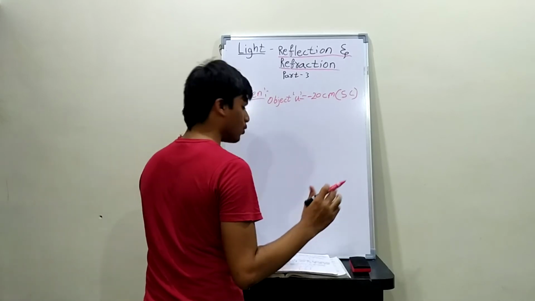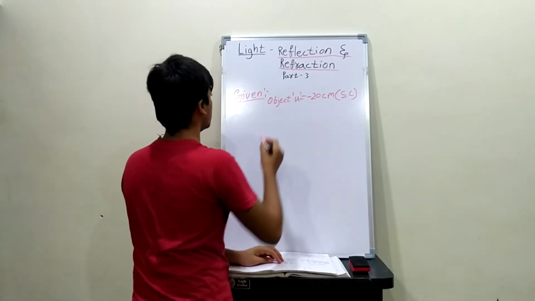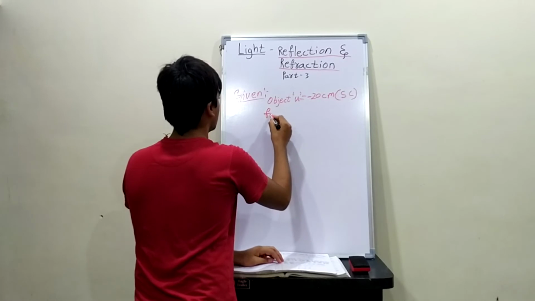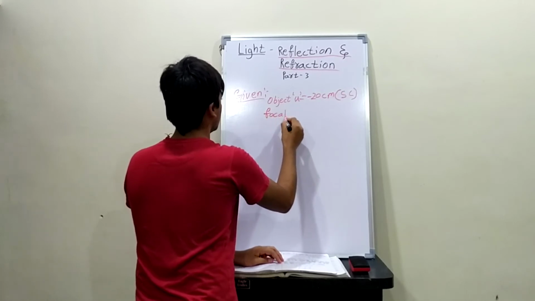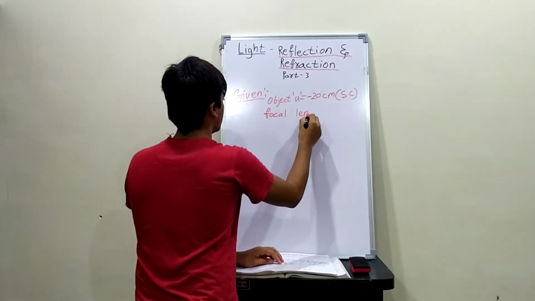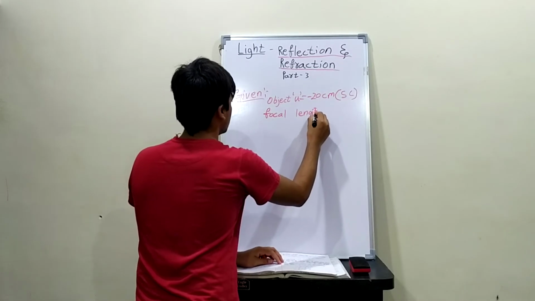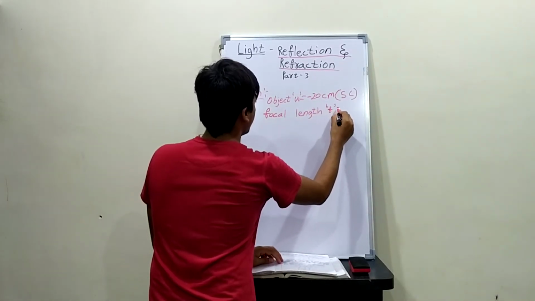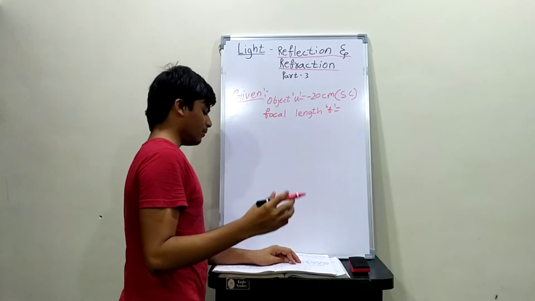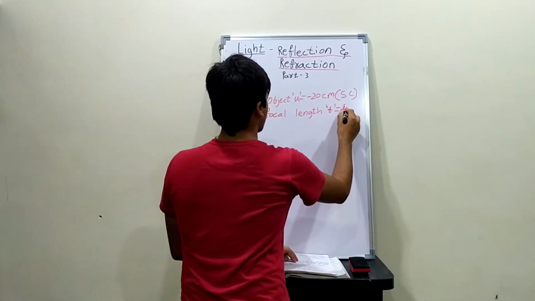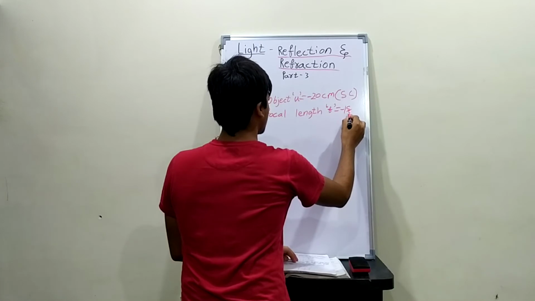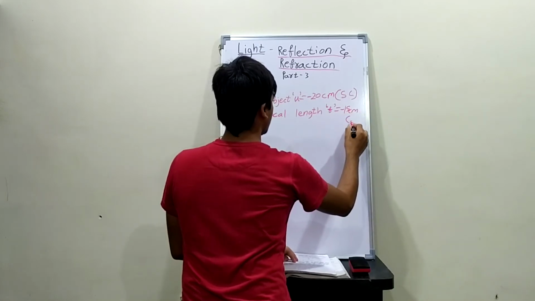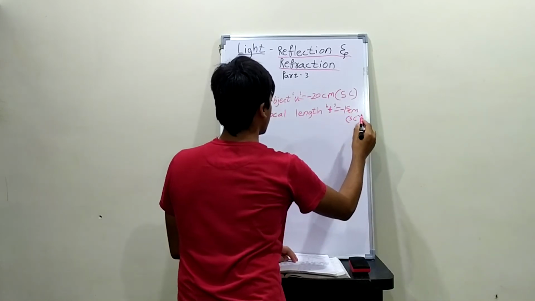Now focal length of the mirror, denoted by f. Even the focal length is negative, 15 centimeter, due to sign convention.